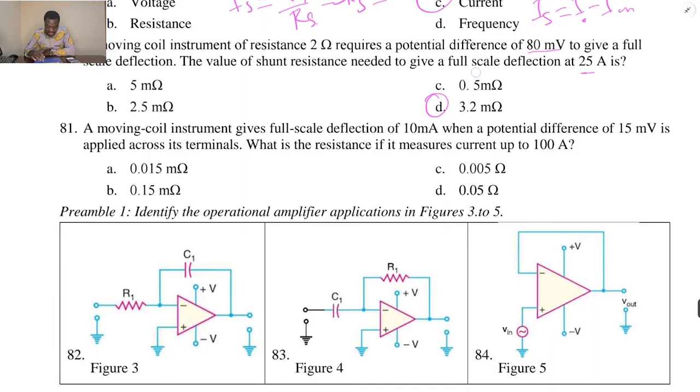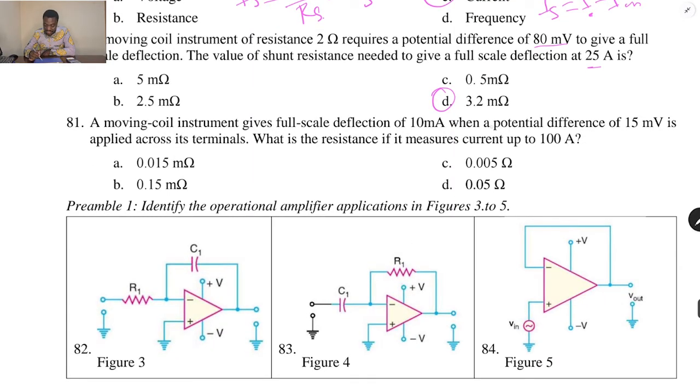A moving coil instrument gives full-scale deflection of 10 milliamps when a potential of 15 millivolts is applied across it. What is the resistance if it measures current up to 100 amps? Here again, this resistance is the shunt resistance.